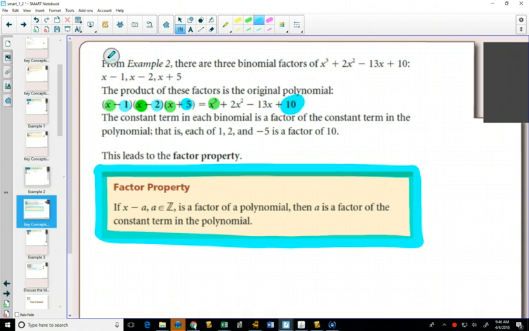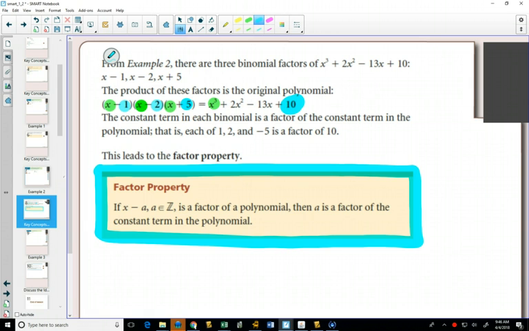So if I was asked to factor this completely, I wouldn't try x minus 7, because 7 isn't a nice factor of 10. I might try x plus 2. I might try x minus 2. I might try x plus 5 or x minus 5, x plus 1 or x minus 1. But I won't try x minus 3, because 3 isn't a nice factor of 10.